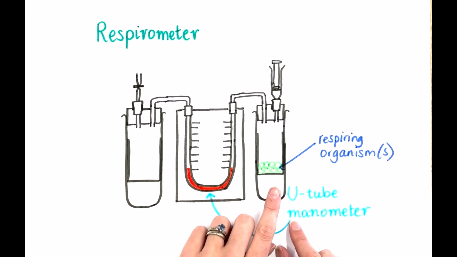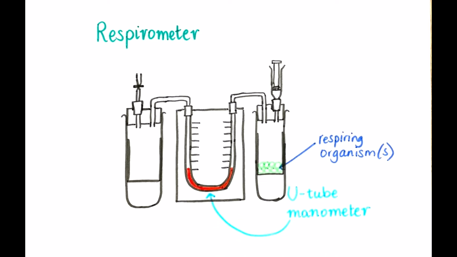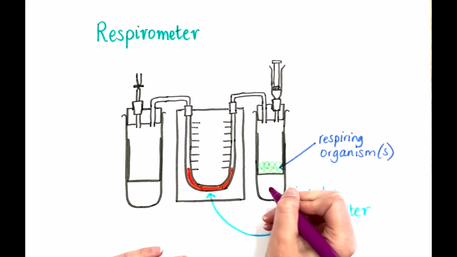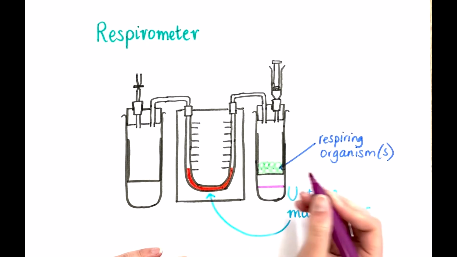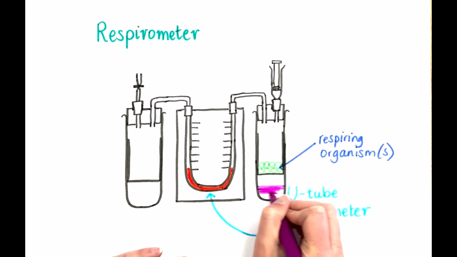So if we put a strong base in here, that's going to absorb all of our carbon dioxide, most of it anyway, we hope. Let's just draw a line down here. I can maybe colour that in.